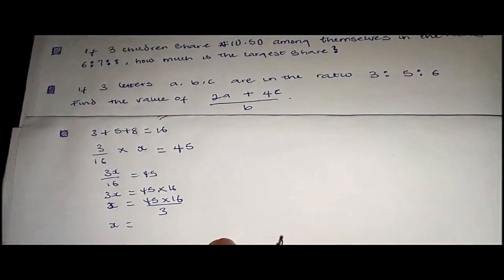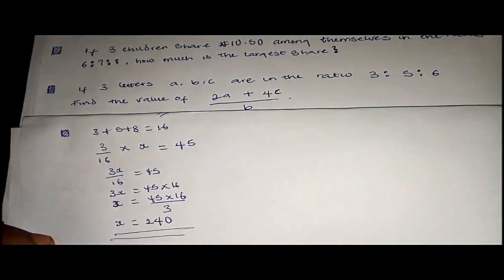If we cross multiply, 3X is equal to 45 times 16. That means X is equal to 45 times 16 all over 3, and the answer would be equal to 240. So this is X, the number of oranges they are going to share.